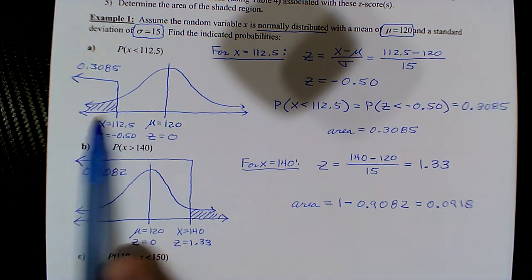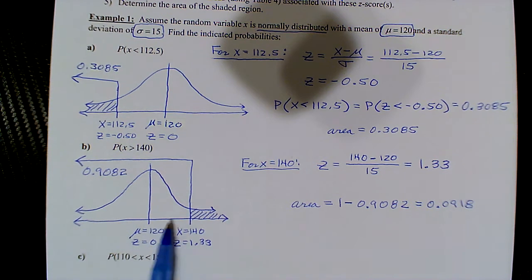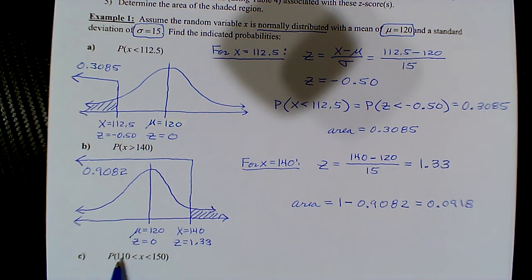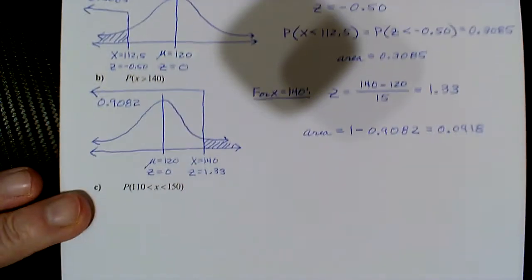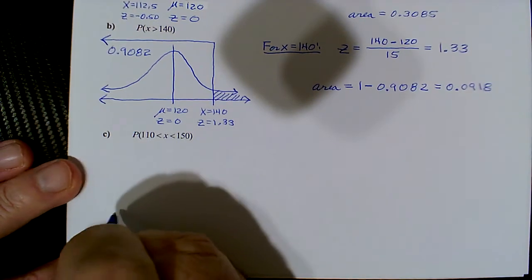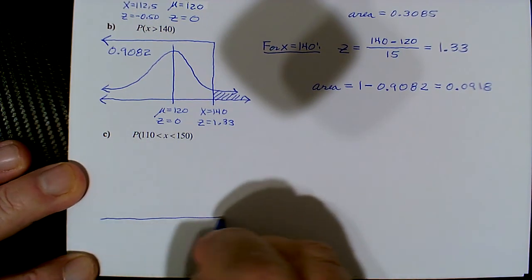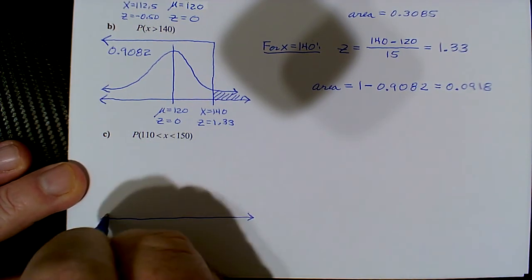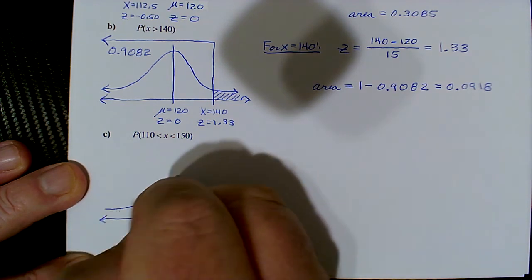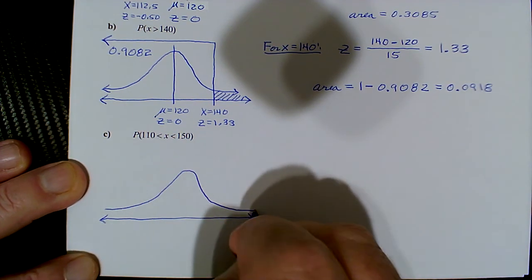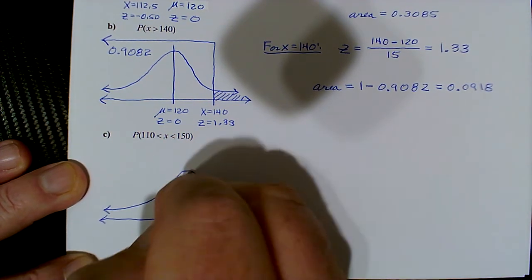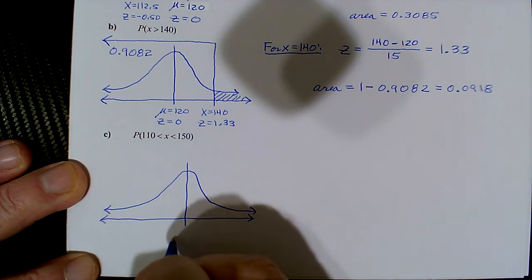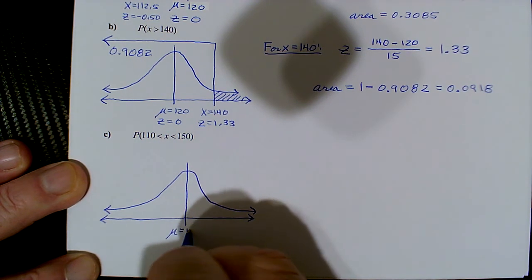Okay, so 3 classic situations. To the left is the area in the table, to the right is 1 minus, and now we see between these two values. So again, you want to proceed by drawing the normal distribution, labeling the mean down the middle. So that was mu equals 120.